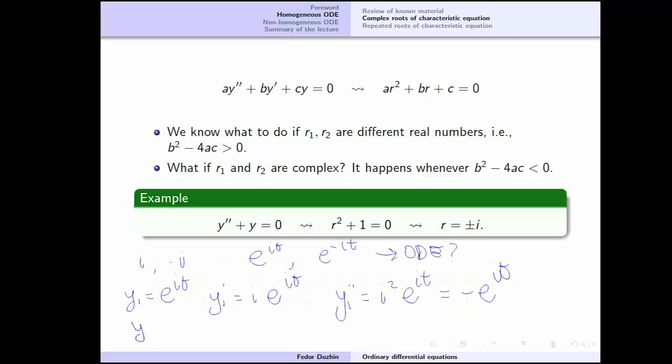And now y1 plus y1 double prime, which is the left hand side of the ODE, is going to be e to the it plus minus e to the it, which is going to be 0. Check. So the function e to the it still satisfies the differential equation.